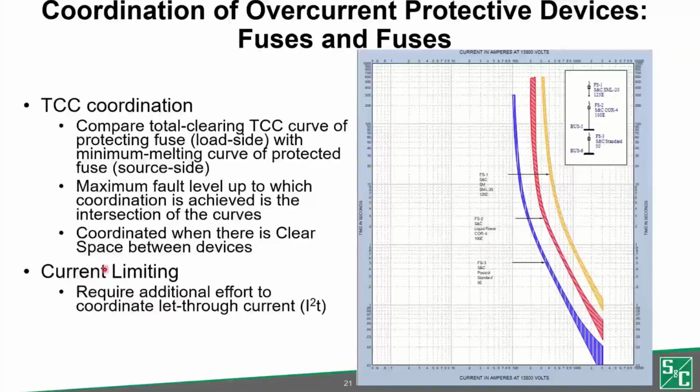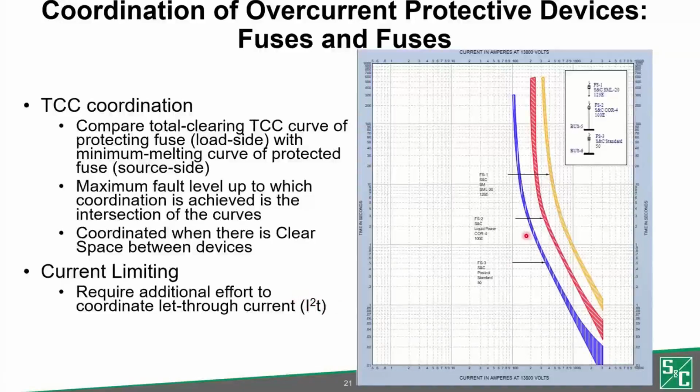The other type of fuse we talked about was current limiting, and these fuses have the same type of curve, but they also have another additional term you have to look at, which is the let-through current, or I squared T. That's a whole other topic, and we're not going to get too much into let-through current.